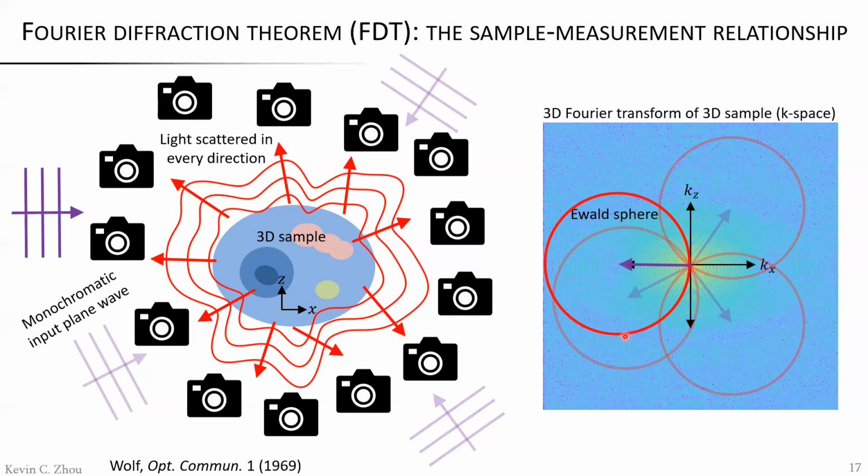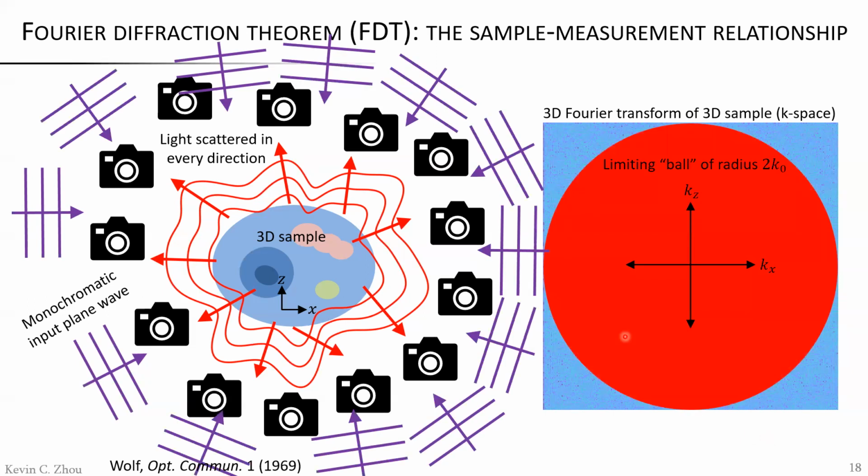And in the limit, when we illuminate from every possible direction and image from every possible direction, all 4 pi steradians, we can theoretically measure everything in this 3D ball of radius 2k naught, or twice the radius of the Ewald sphere.